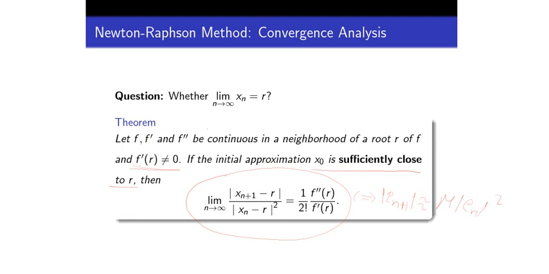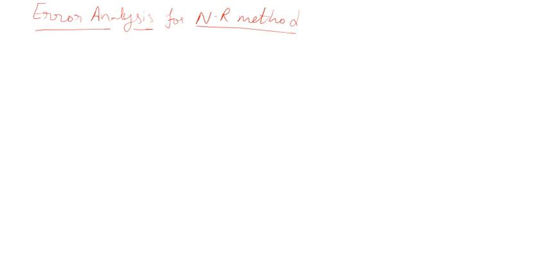How to obtain this estimate is very simple. You know the scheme is given by xn plus 1 equals xn minus f of xn divided by f dash of xn.